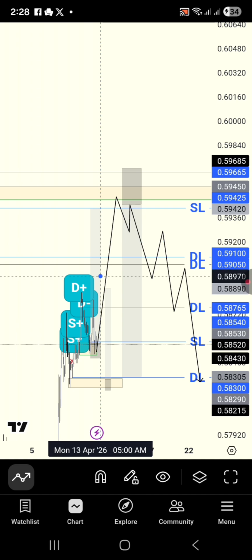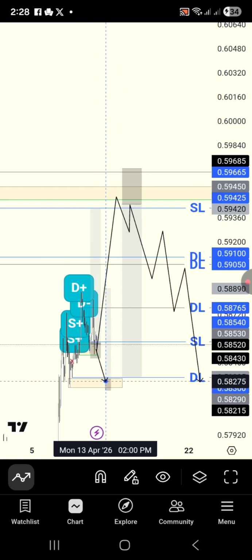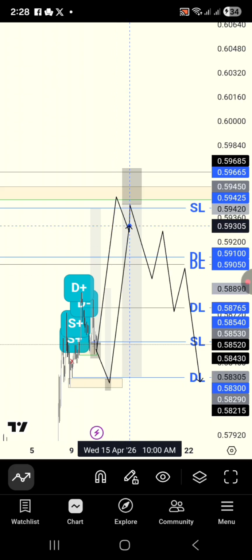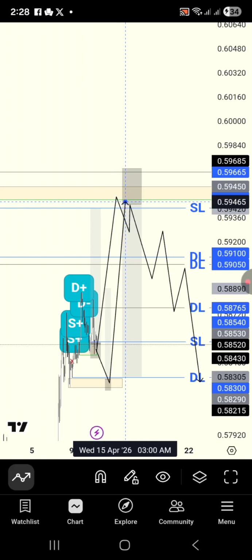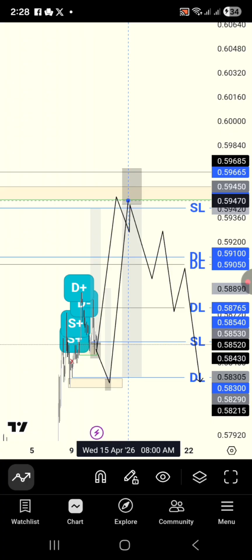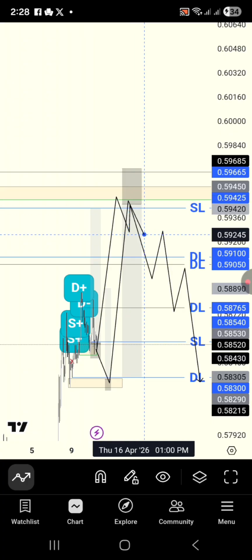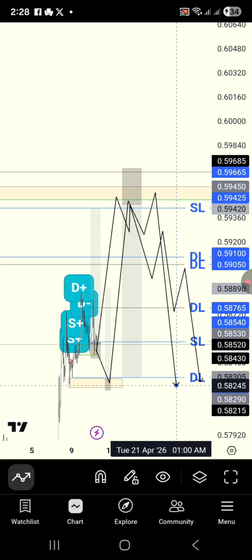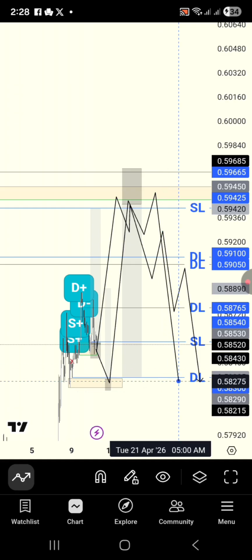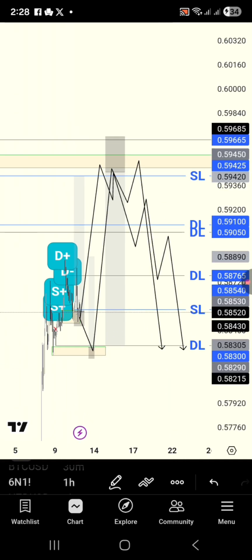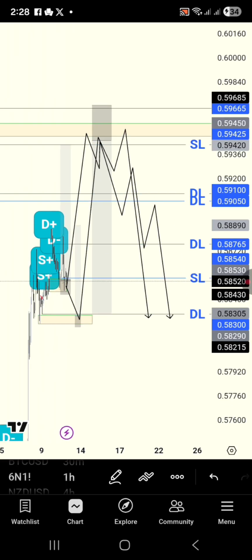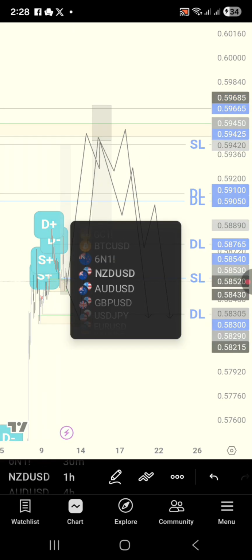So either this first one or something like this, a drop into this zone, then continuation all the way to this sessional liquidity, tap that zone, then retest something like that, then drop for this daily liquidity. So those are the two expectations I'm having for NZD.